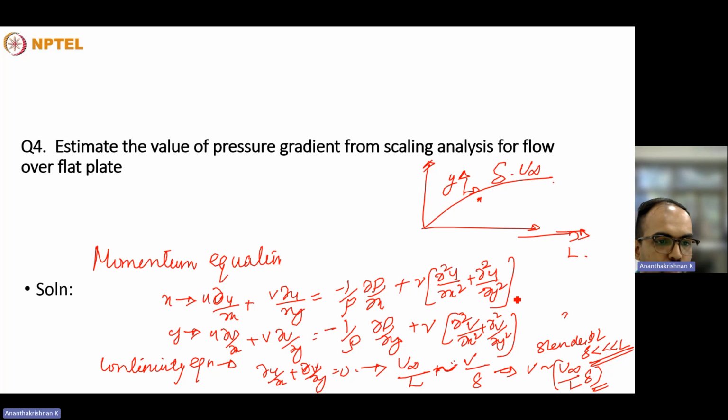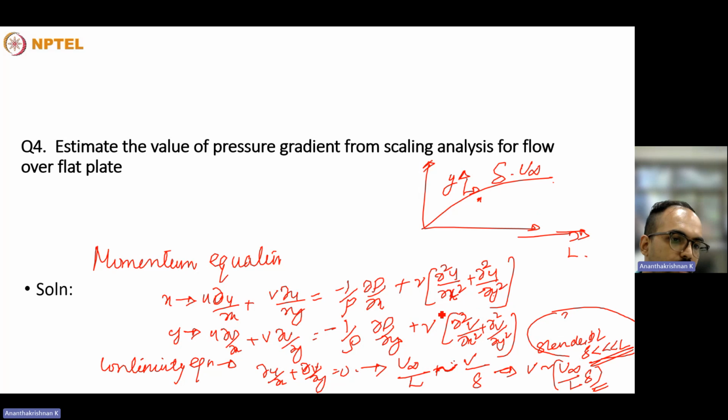But the one thing we could write from this analysis is that since delta is very much less than L, in this particular term, this can be scaled with respect to L, and this can be scaled with respect to L. So on the bottom, it should be 1 by L squared.